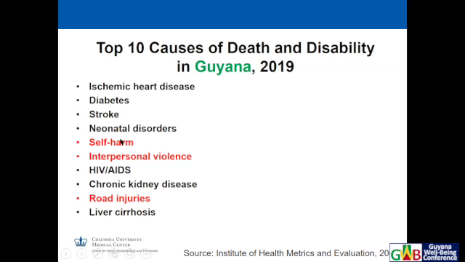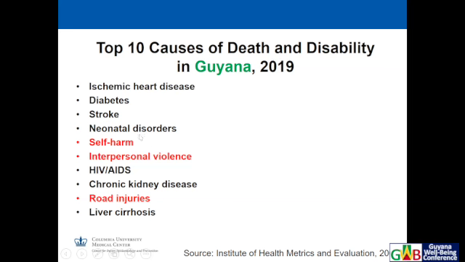And you can see the top 4 are diseases, like heart disease, diabetes, stroke, and neonatal disorder. That usually refers to congenital disease and other types of neonatal disorders. That would be the leading cause of infant mortality.